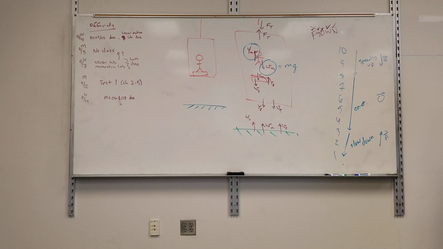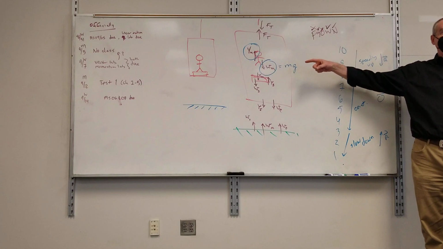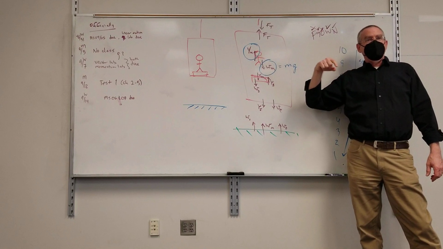There's a video, I can't remember if I posted it for 110. It'll be in the chapters that we're skipping, but I go through a far more complex analysis of the difference between what the scale measures and the weight. If you bring buoyant force into it, you've got another force acting upwards on you.